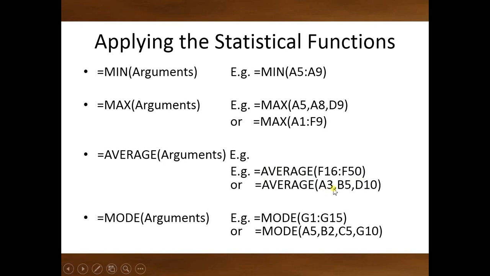But if they are not in a range, then you state them individually. The format for the mode function is equals mode followed by the arguments. We have an example here and this one as well.